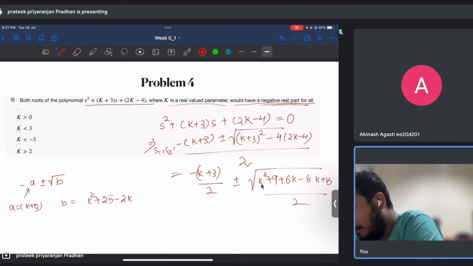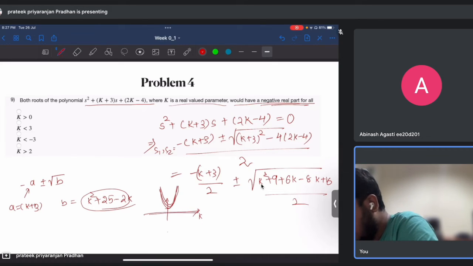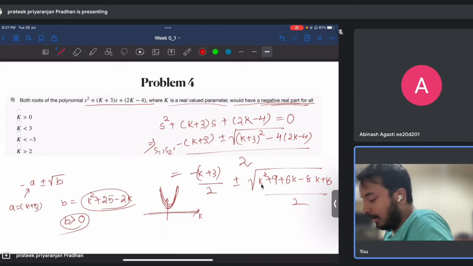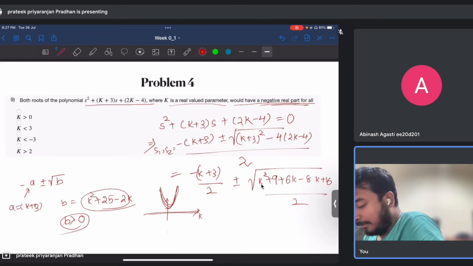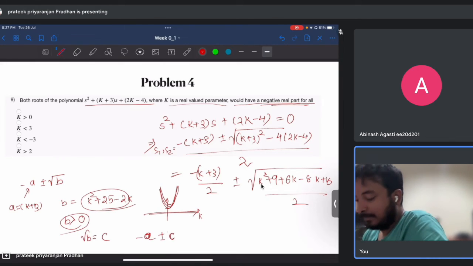If we plot this b with respect to k, we will get a plot which is above 0. So that means this value b is always positive. With b greater than 0, let's assume root b is equal to c. So minus a plus or minus c.